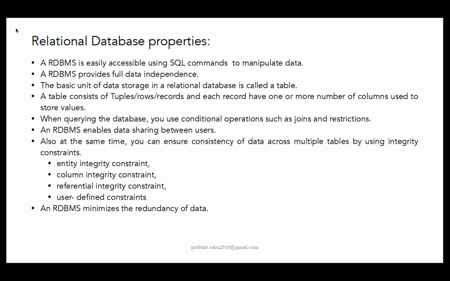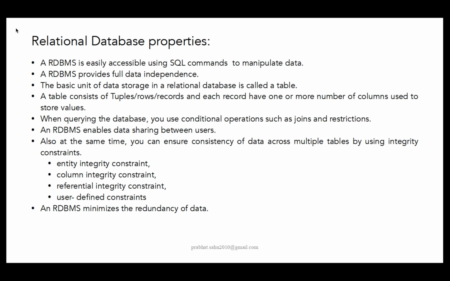And RDBMS enables data sharing between users. At the same time, you can ensure consistency of data across multiple tables by using integrity constraints. And RDBMS uses various types of data integrity constraints. These types include entity integrity constraint, column integrity constraint, referential integrity constraint, and user defined integrity constraint.